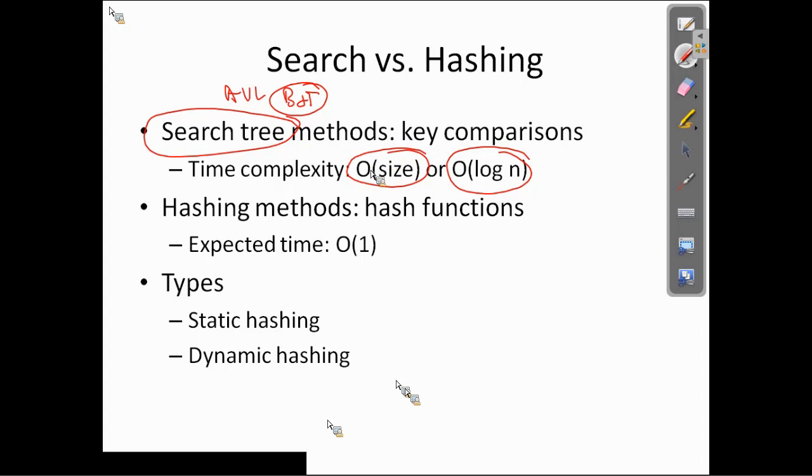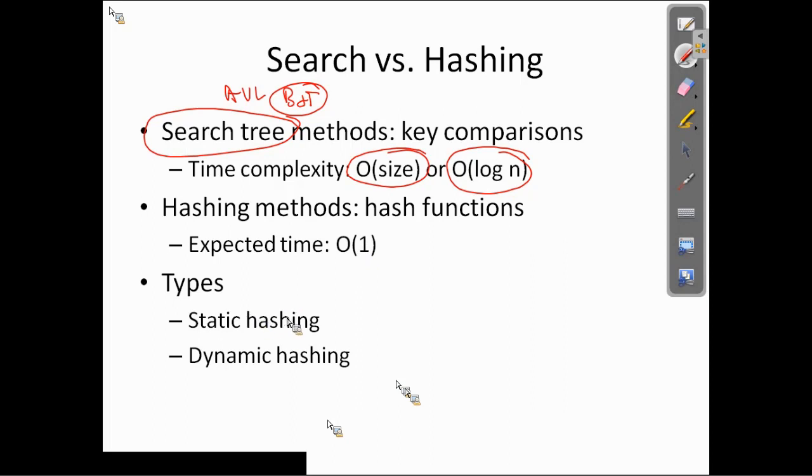If the tree is well balanced, it is O(log n). Whereas with hashing, the expected time is O(1), one unit of time. That is the promise of hashing.